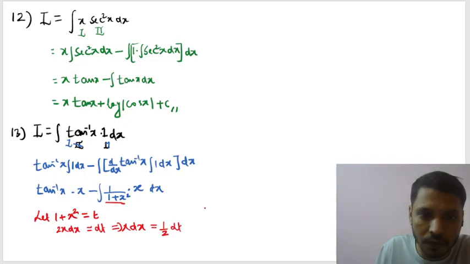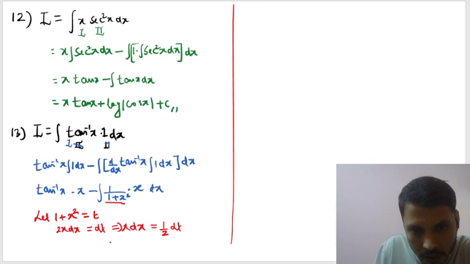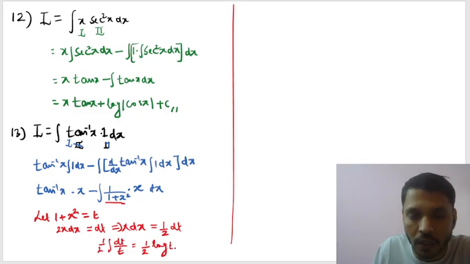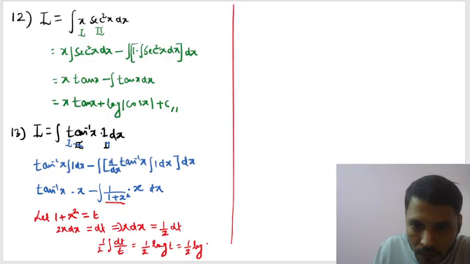So for this part, we can write the integral of 1 by 2, dt divided by t, which becomes 1 by 2 log t. Now we replace t, so it becomes 1 by 2 log of 1 plus x square.